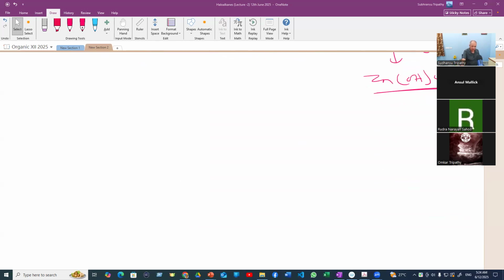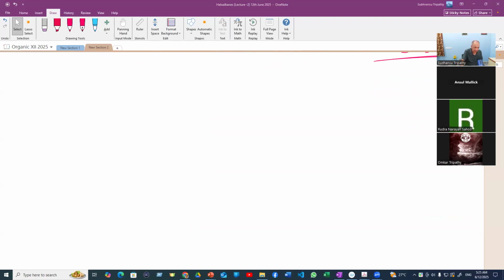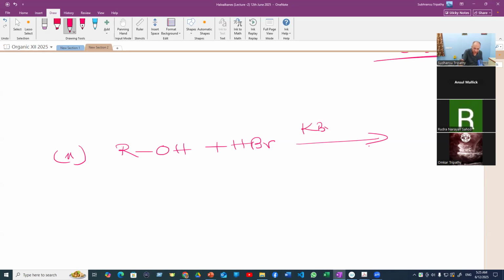Now you have another method of getting alkyl halide, particularly this is HCl and you can have HBr, HCl, HBr. This HBr can be produced in situ by taking a mixture of KBr with H3PO4.